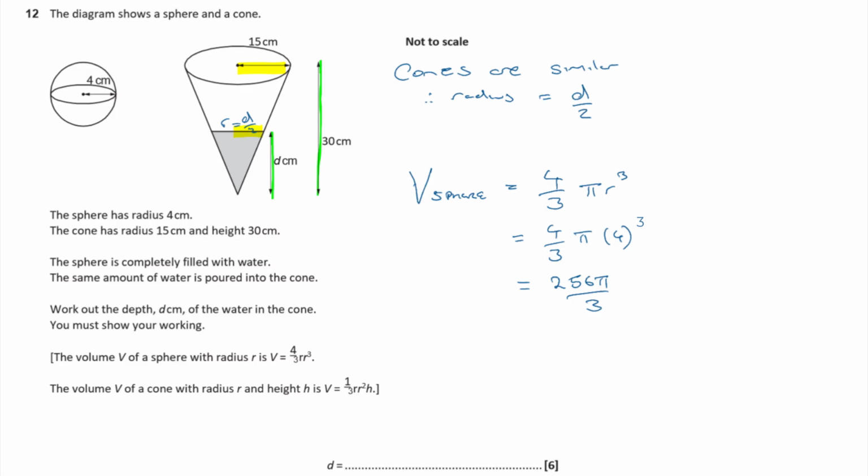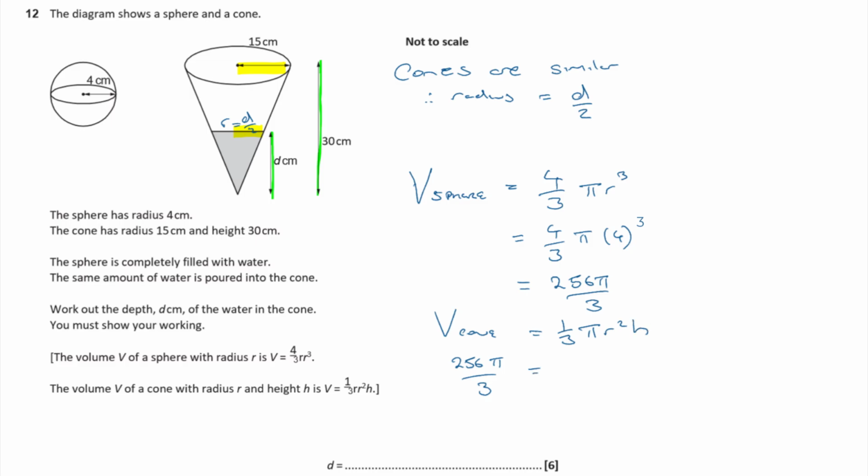Right, now switching over to the cone, the volume is going to be the same as the volume of the sphere. So I'm going to sub that in on that side. But on the other side, I've got 1/3 pi r squared h.